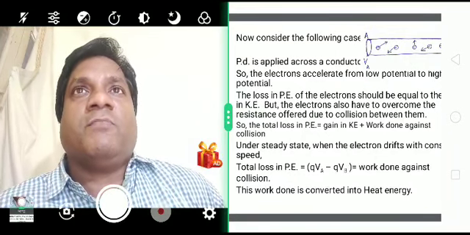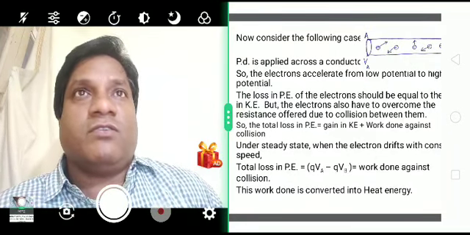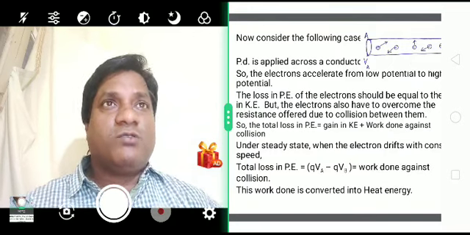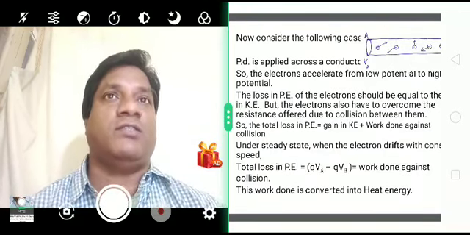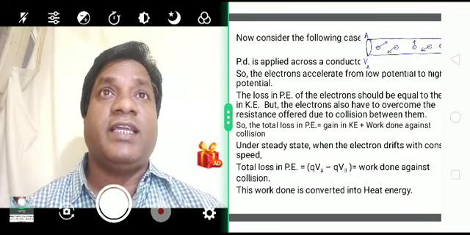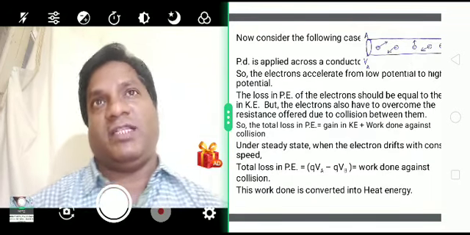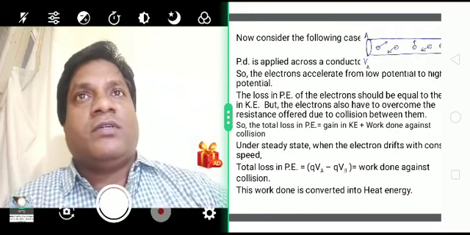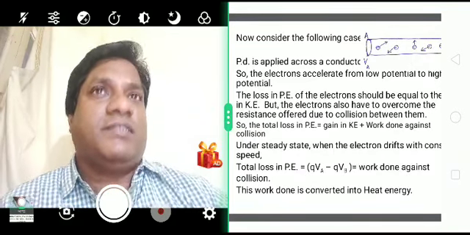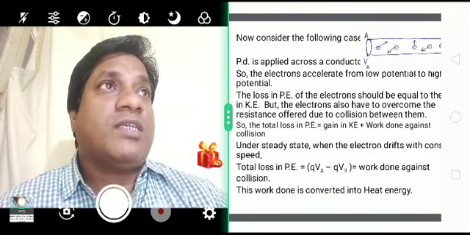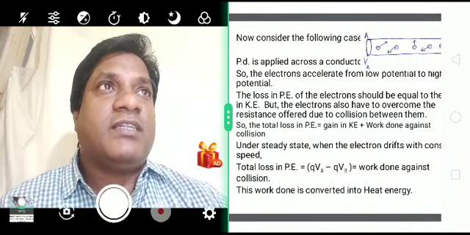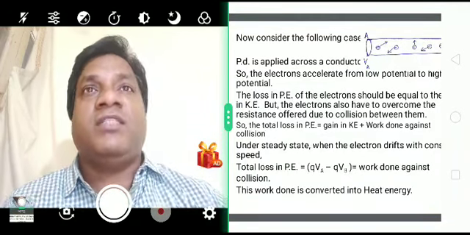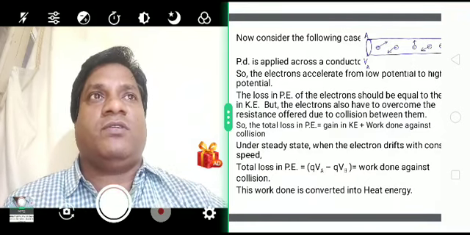So when we supply some potential difference across the conductor, the electrons will drift from the low potential to the high potential region. This drift is in addition to the thermal speed. But while drifting, these electrons have to overcome the resistance, and some energy will be lost in overcoming this opposing force.